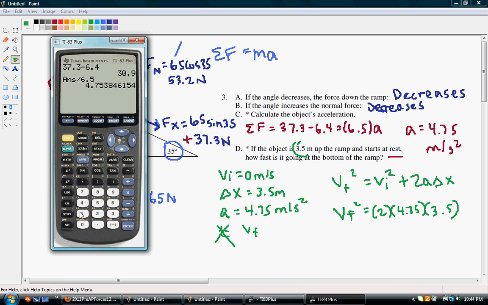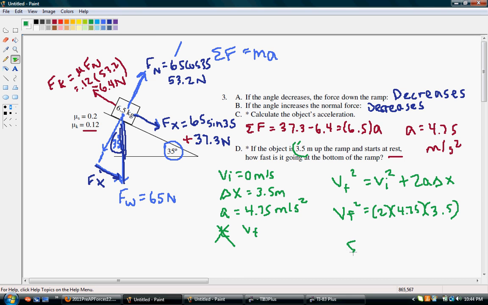So 2 times 4.75 times 3.5, and we get 33.25. I'm going to store that answer as x and take the square root of x. 5.77 meters per second, since we're talking about the final velocity. And that is our answer.